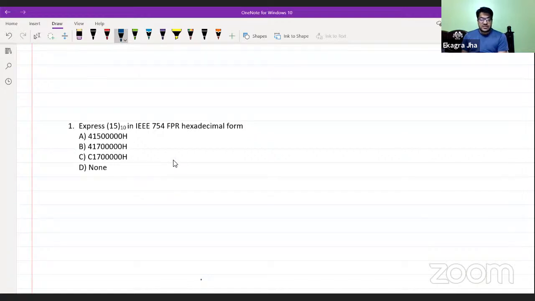Let's go with this: the floating point format is actually of two types.